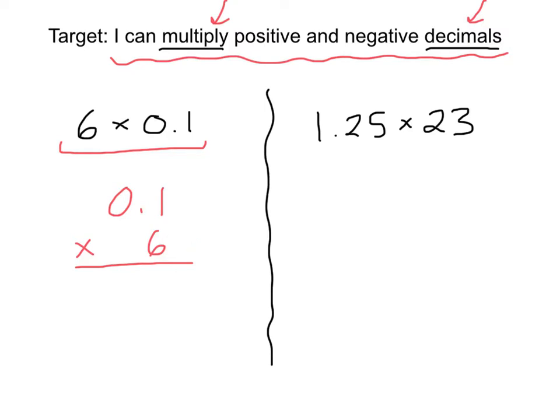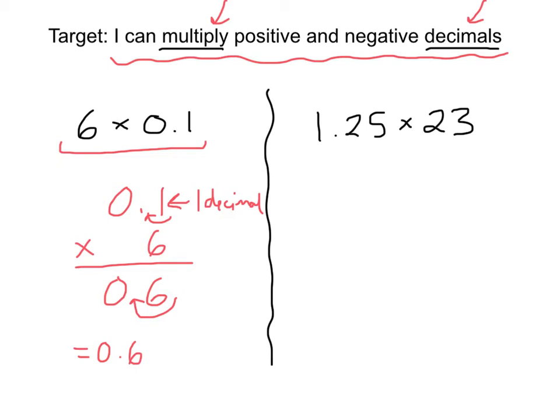I just stack them on top of each other like you would when you're multiplying two numbers normally. 6 times 1 is 6. 6 times 0 is 0. And there is one decimal place to count over, one decimal place involved in this multiplication. So I put the decimal one place in. So the answer is 0.6.